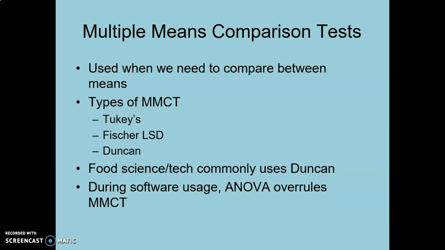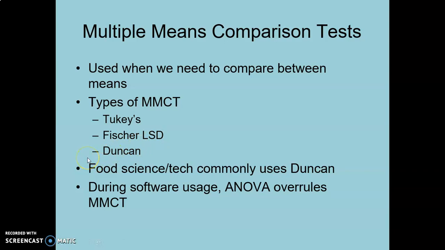But which set of data is different from which set of data? For example, is A significantly different than B, or is A significantly different than C, or is B significantly different from D? That information we will not be able to get from ANOVA.